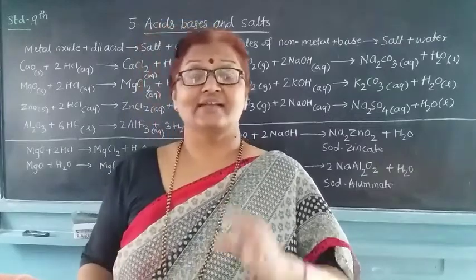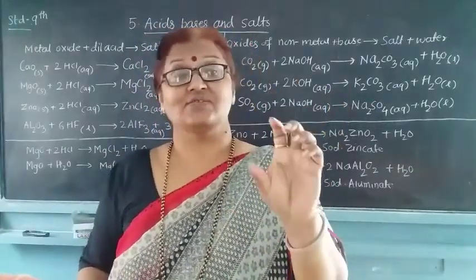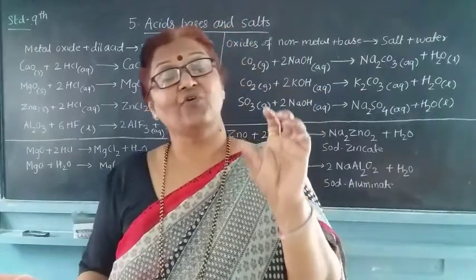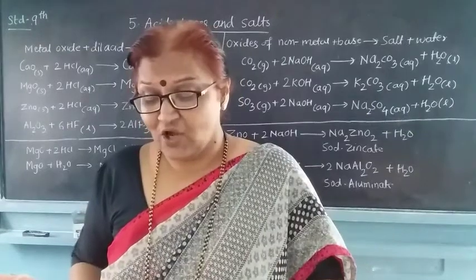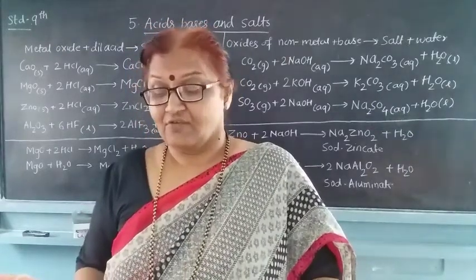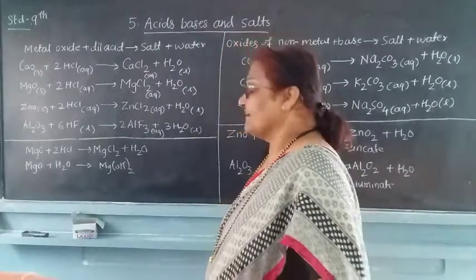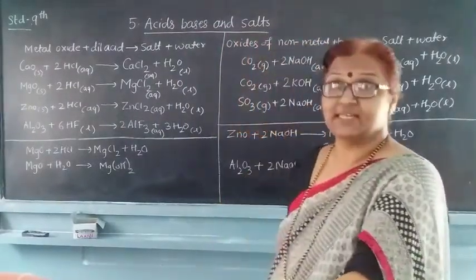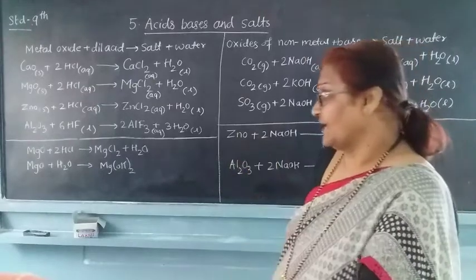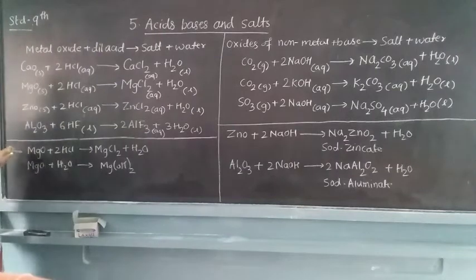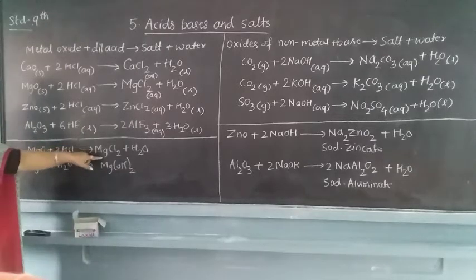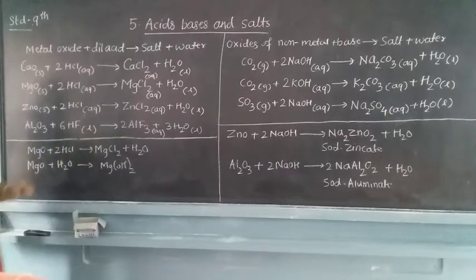What type of compound is a metal oxide with reference to the neutralization reaction? A metal oxide is a metal reacting with oxygen to form a metal oxide. Explain the statement, metal oxides are basic in nature. We are going to take one example. When magnesium reacts with oxygen, it gives magnesium oxide. When this magnesium oxide reacts with HCl, it gives magnesium chloride plus H2O.